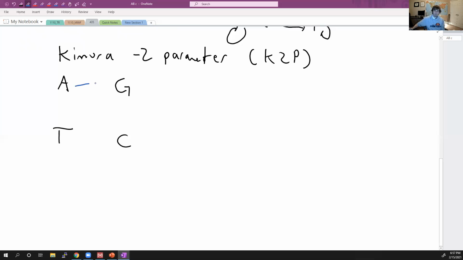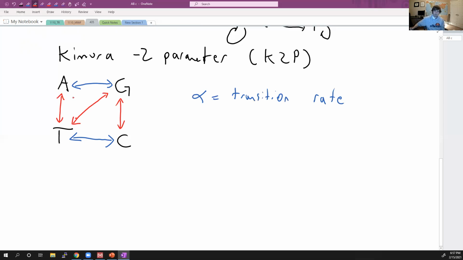We may have one rate for the transitions that may be equal to alpha, and then we may have beta taking into account the transversion rate.